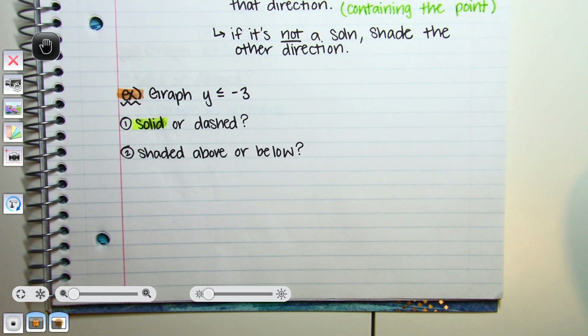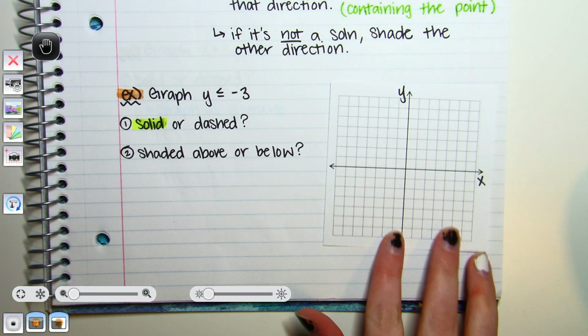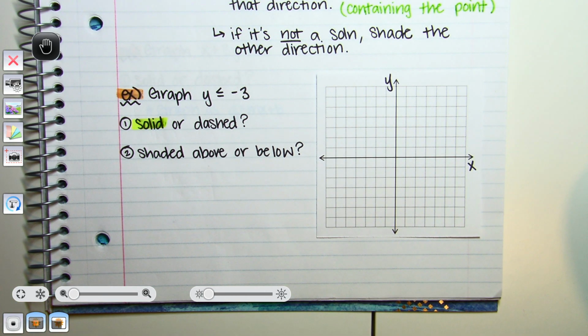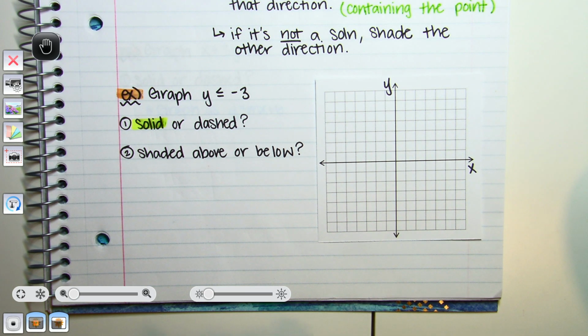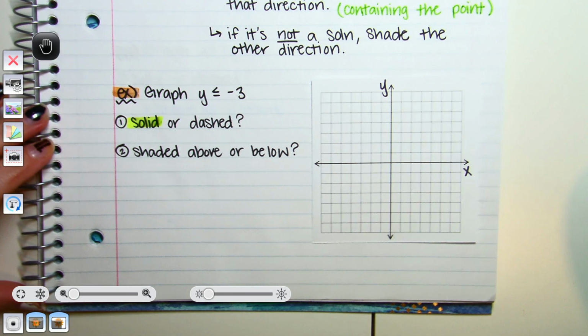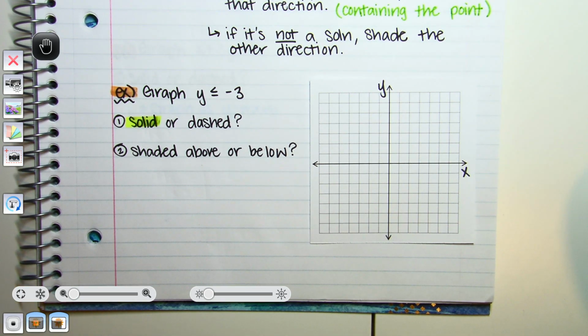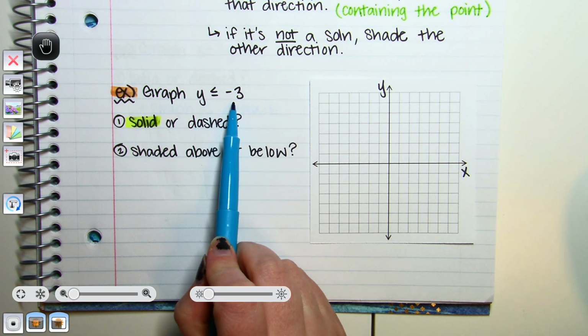Now you have a choice here of either drawing your graph yourself, or you can use the little graphs that I uploaded for you. I just printed out that page and cut out each graph individually so that I can stick them onto my notes and it'll look nice and neat. All right, so what I'm going to do now, y is less than or equal to -3.